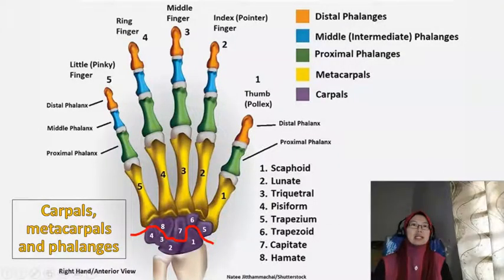Okay, and this is the last section, which is the hand. Basically for the hand, I don't think we will give this small bone of the hand for your OSCE, I'm not so sure, I think now, okay.